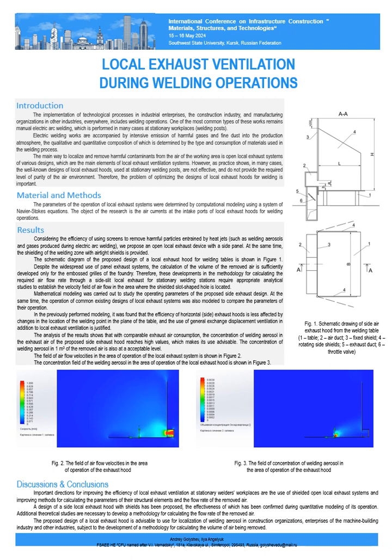The main reasons for the inefficient operation of existing local exhaust systems of stationary welding stations are lack of reasonable recommendations on the choice of shape and size of local exhaust air intakes, and the application in design practice of simplified methods for calculating the flow rates of the removed air according to the recommended air velocities in the air intake.